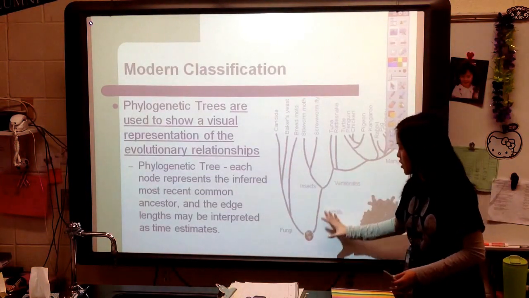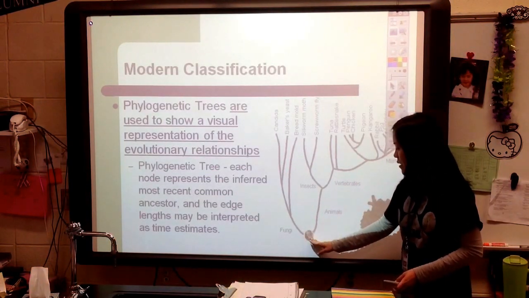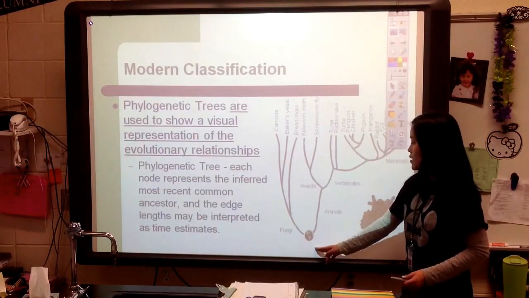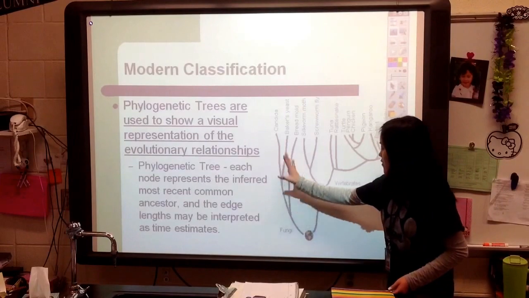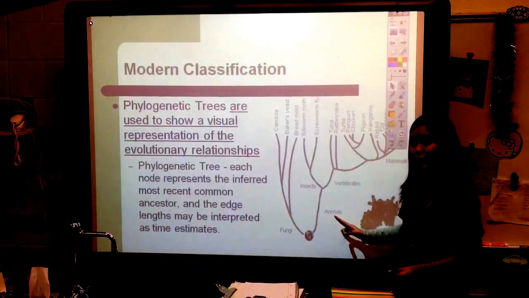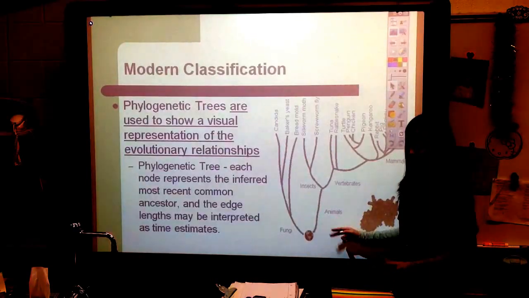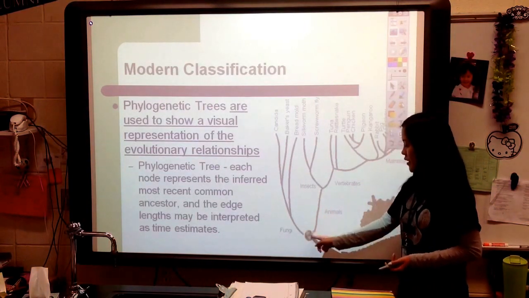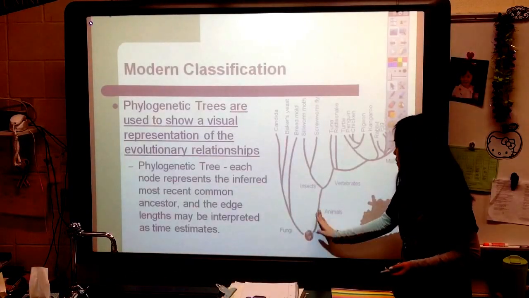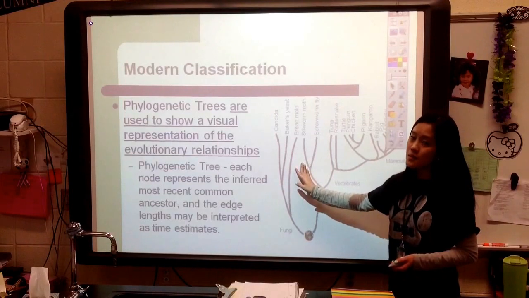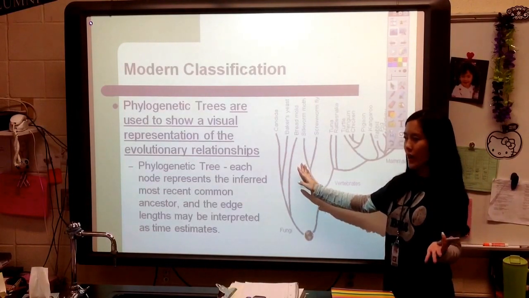So in this picture, you can see at the very bottom, we have some sort of starting cell, the first eukaryotic cell possibly. Then from there, we have things like fungus and animals. Fungus are very closely related to animals, not that closely related to plants. So we have a connection there at this point. From there, the animals become more complex. You have things like insects that have an exoskeleton, a hard outer shell.